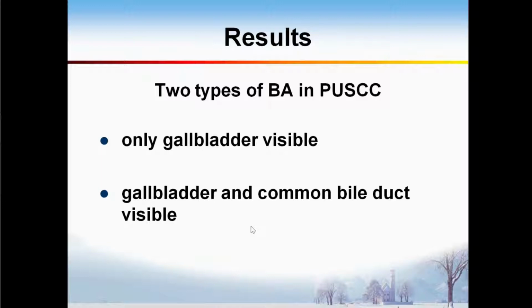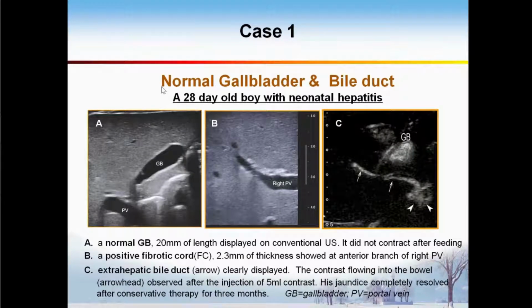So we can see the first case. This case has a normal gallbladder and bile duct. It's a 28-day-old baby. We can see the gallbladder in 2D, but we cannot see the bile duct, which is suspicious for biliary atresia.